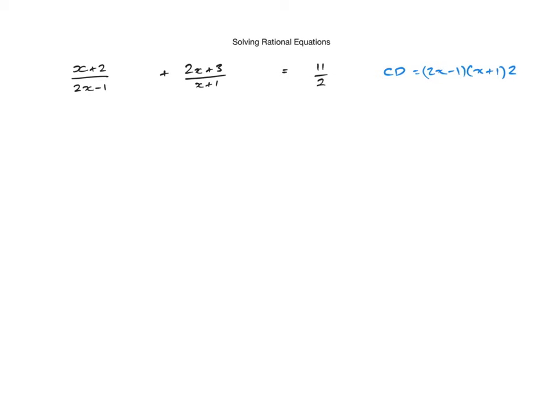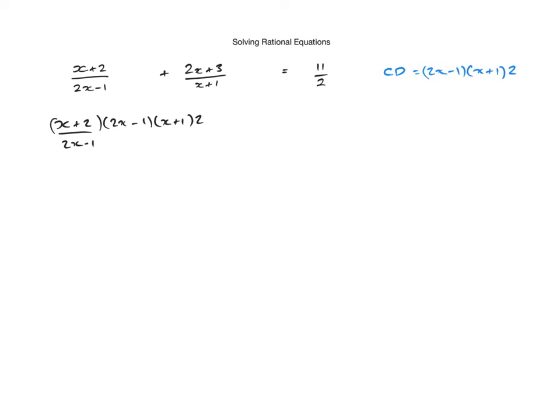That will get rid of the denominators here, here, and here, as things will start to factor out or cancel. So let's put this blue part next to each of these terms, and then we can start factoring or cancelling. I'm going to leave a nice big gap so that I can write the blue thing next to my term here, x plus 2, 2x minus 1. And now we're going to put 2x minus 1, x plus 1 by 2.